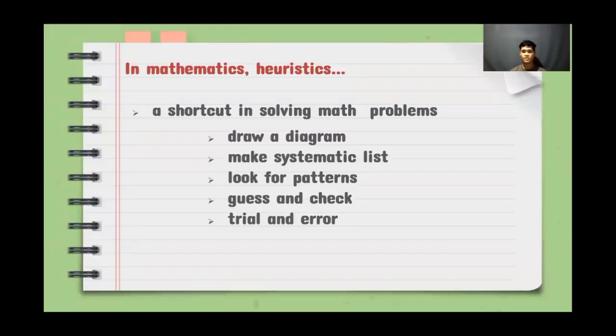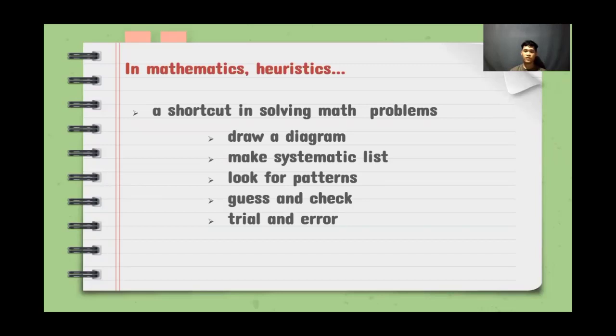So in mathematics, heuristic is a shortcut in solving math problems. For example, the acronym FOIL is used when expanding algebraic expressions. Another acronym is BEDMAS, which stands for brackets, exponents, division, multiplication, addition, and subtraction.